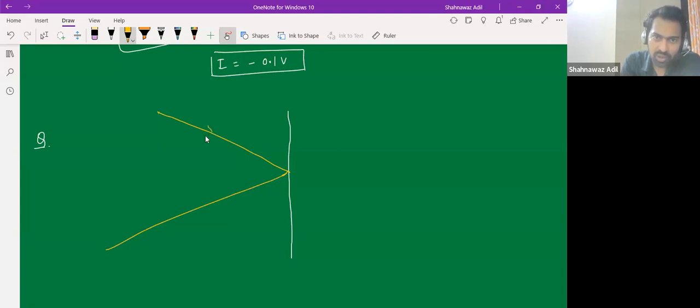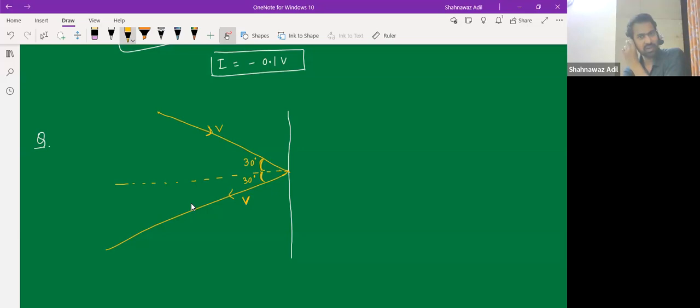This is how the ball is coming, and then it's striking at a 30-degree angle, and then going back at a 30-degree angle. So this is the velocity with which it is striking, and this is the velocity with which it is turning back.